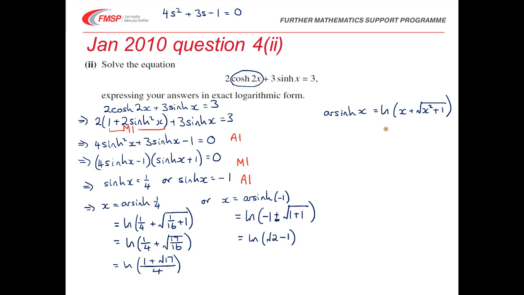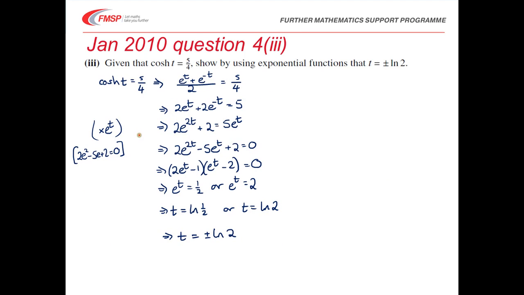There's a method mark for making use of this formula to obtain at least one value, correct or otherwise, and accuracy marks for each of the two solutions, and you are required to evaluate the square root of x squared plus 1 in both cases.